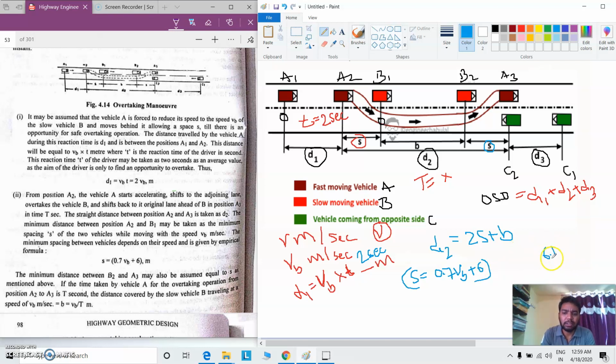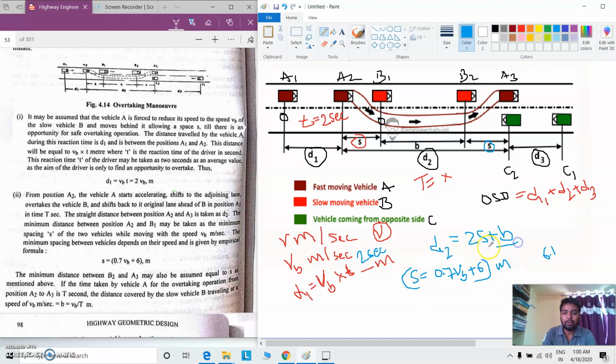In some textbooks it is denoted as 6.1, but here we consider s as 0.7 vb plus 6, where 6 is the length of the vehicle, and 70% of the overtaken vehicle speed is used to calculate this distance s from the overtaking vehicle to the overtaken vehicle. That is again given in meters. We know the overtaken vehicle speed, and 6 meters and 0.7 are constants, so from this equation we will get the distance s.